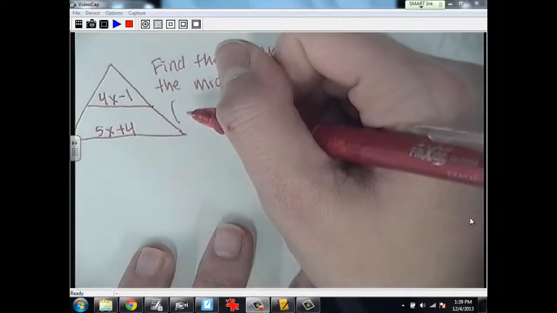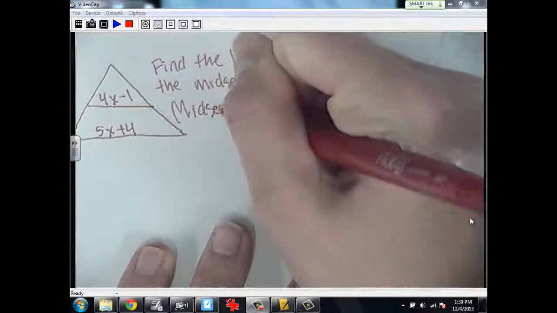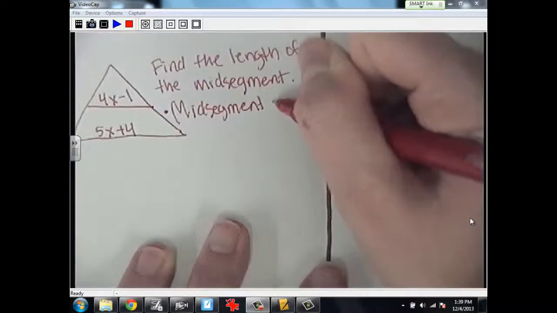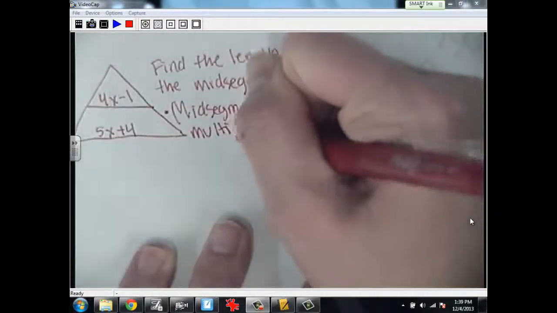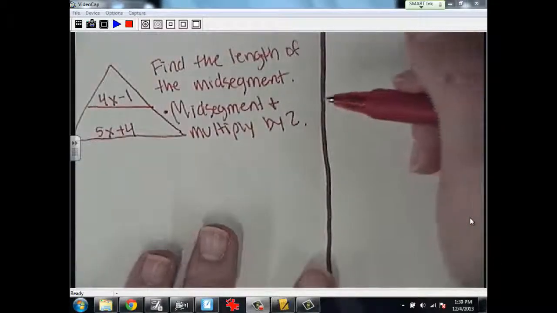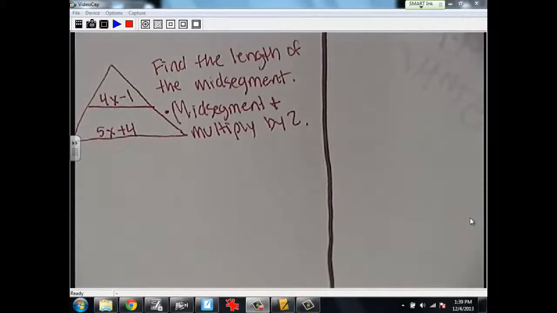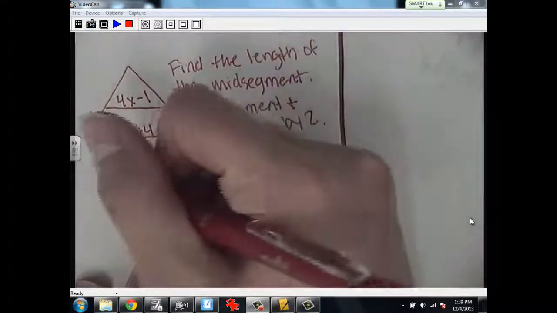What we need to do is take the mid-segment and multiply by 2. Take the mid-segment and multiply it by 2. Alright, so you guys are already setting it up.